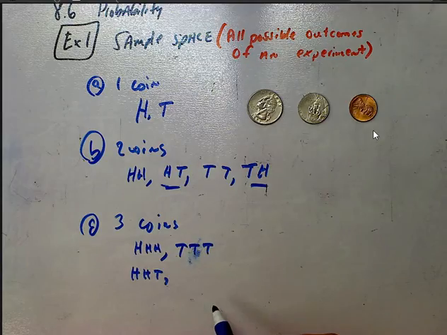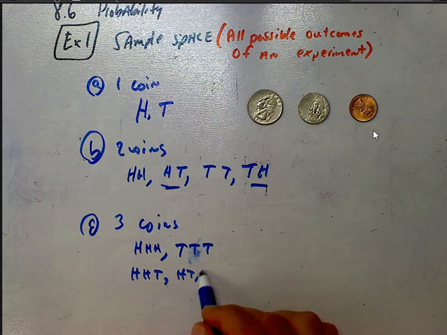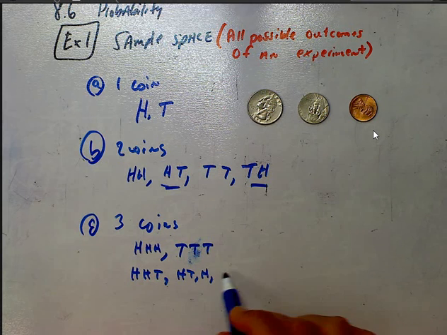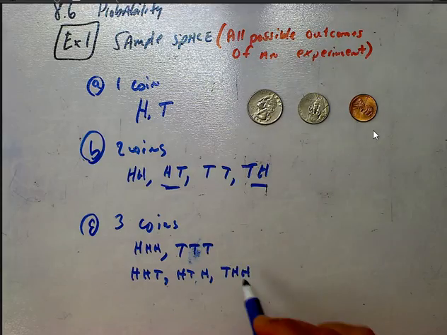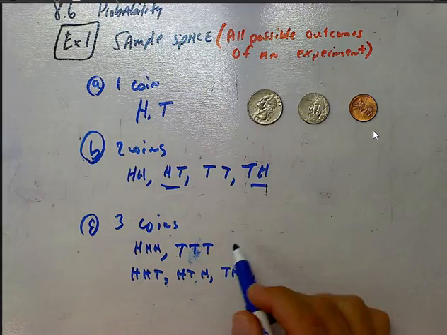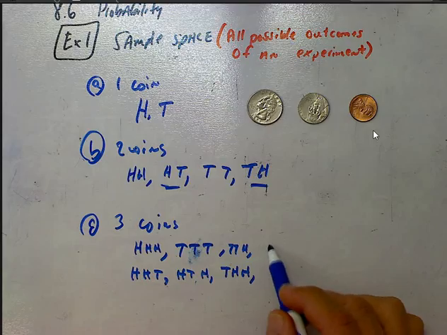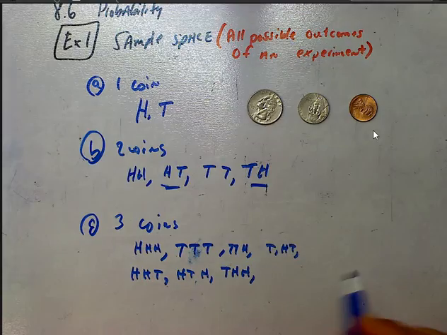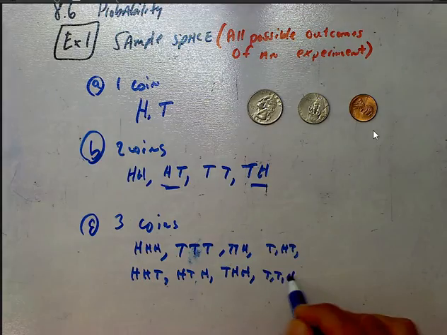Or heads, tails, heads? Or tail, head, head, like that. I think that's all the two-headed possibilities. We could also do things such as tail, tail, head, tail, head, tail, and tails, tails, head. I believe that's all the possibilities.